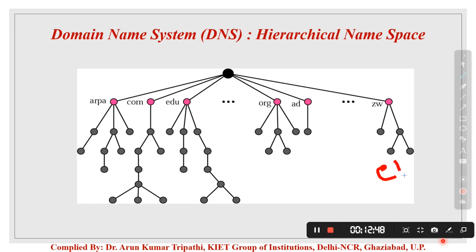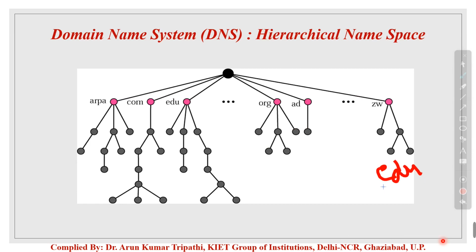Firstly is the edu, dot. Here is the dot. Then after, I have used the organization name as KIET at this level. Then after, if I am talking about the computer application department, then CA will be there.